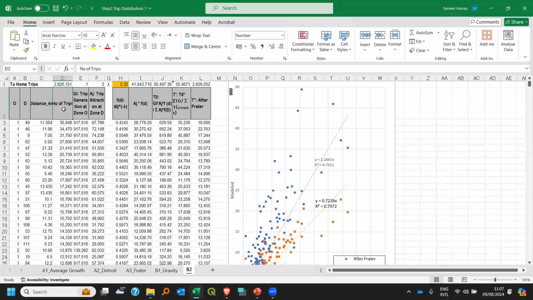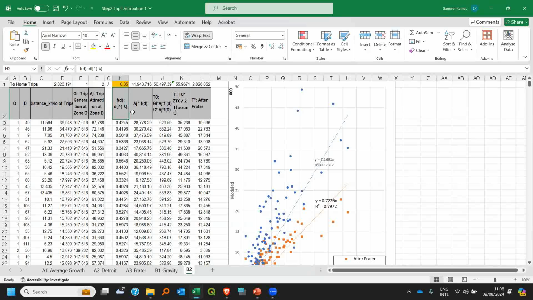Then the number of trips is the observed number of trips from zone 1 to zone 49. This is the trip generation at zone 1. Then this one is the trip attraction for zone 49.